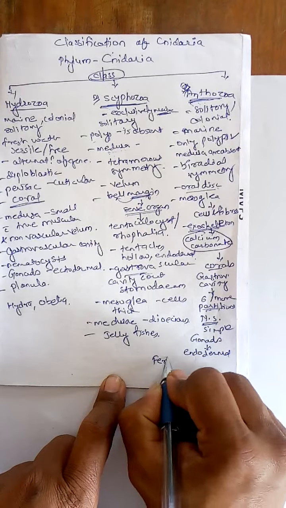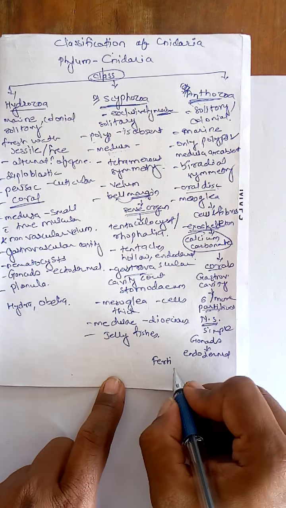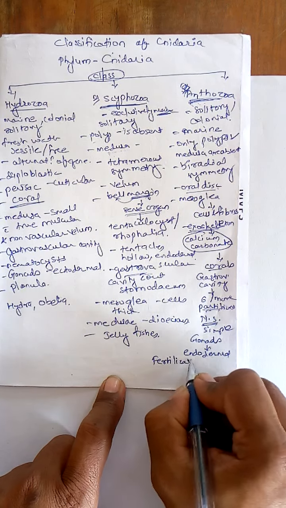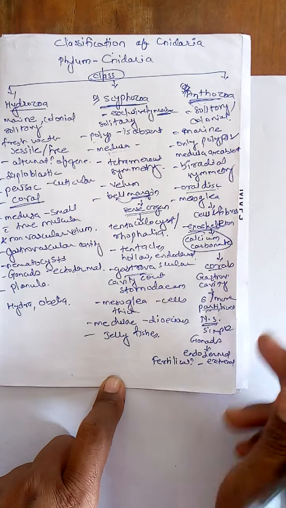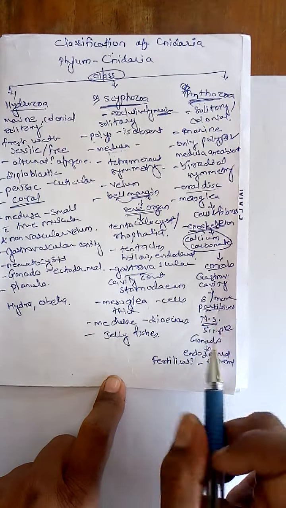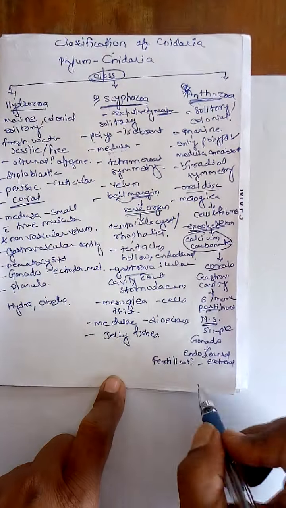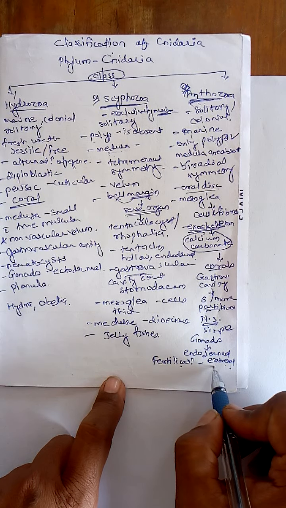Then the process of fertilization takes place. As the gonads are present, they produce the gametes, and fertilization takes place. The fertilization is external in the aquatic habitat because they are totally marine. So the fertilization takes place in the sea water, externally.